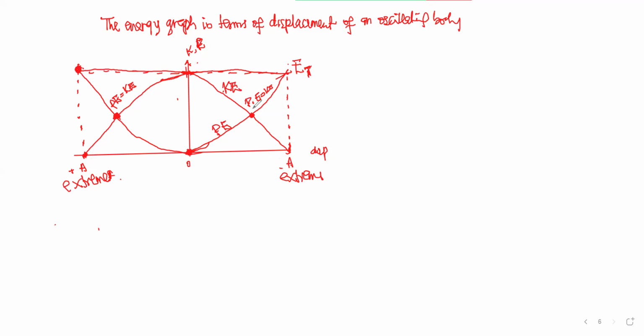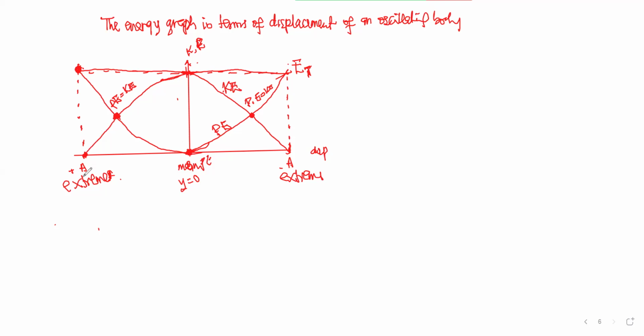And these are the points where the two graphs are equal. And KE is maximum whenever it is crossing the mean point where y is equal to 0. And at that same point, potential energy is minimum. So this is the energy graph with regards to displacement.